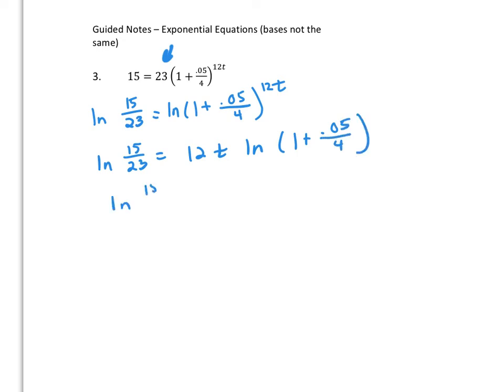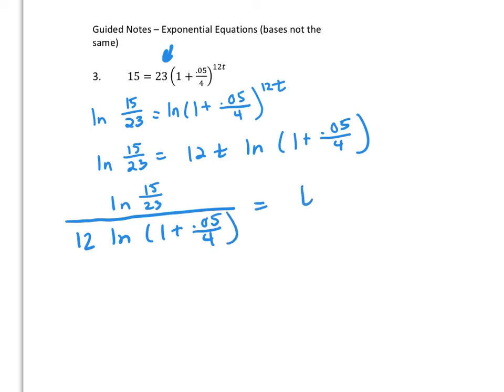This is ln of 15 divided by 23 in the numerator, all over 12 times ln of 1 plus 0.05 divided by 4, that equals t. And that t was negative 2.8674, which, if this was a real life problem, wouldn't make sense. Okay, we were just solving an equation though, there were no words attached to that.